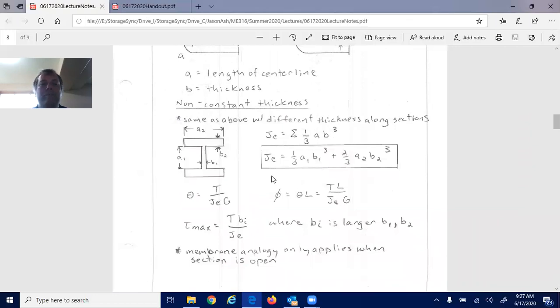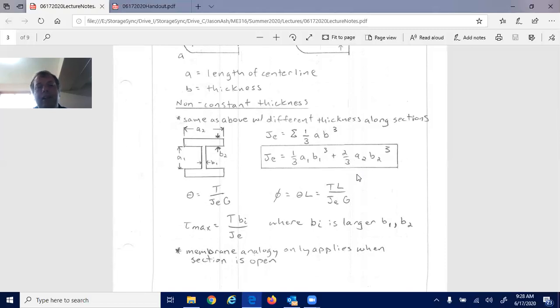And so that presents it in a manner where we can get this down to an equivalent polar moment of inertia. As a sum for this particular case, it would be 1/3 A1 B1 cubed plus 2/3 A2 B2 cubed, because we have the top and bottom flange. And so they get added into the sum twice. So you have 2/3 there.